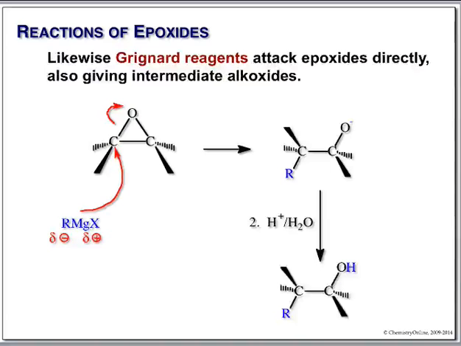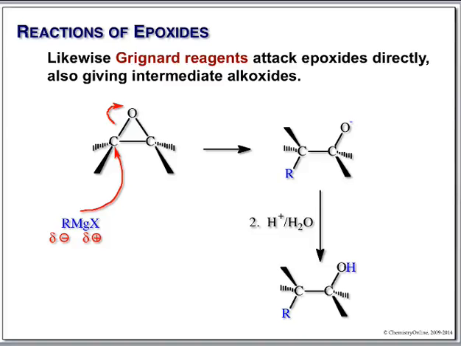We'll make the intermediate alkoxide, which we can acidify to make the alcohol. So this is another way to make alcohols. Once again, this is very versatile, isn't it?